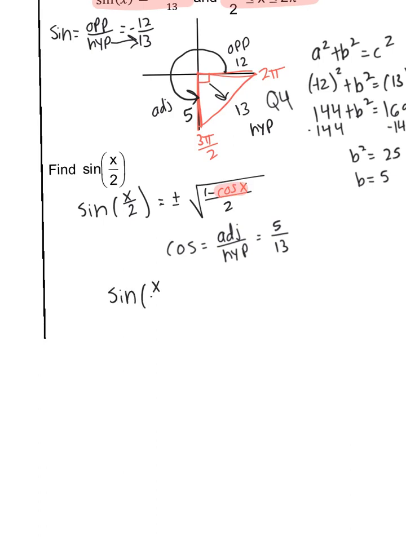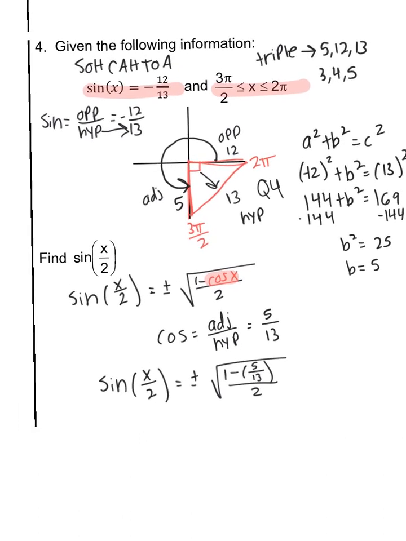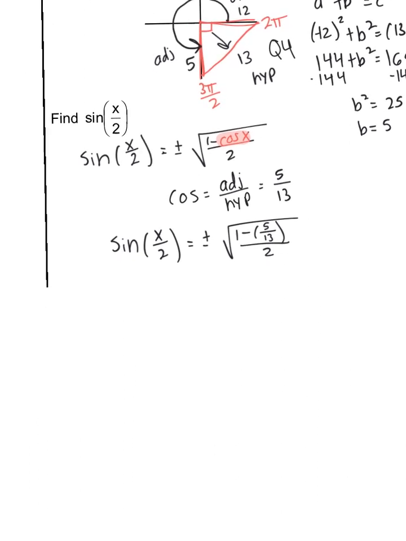I need to pick if I'm going to take the positive or the negative sign that goes in front of my formula. The way that you do that is by setting up your new boundaries. So when you're looking at the original boundaries that you were given, here you've got the 3 pi over 2 and the 2 pi.